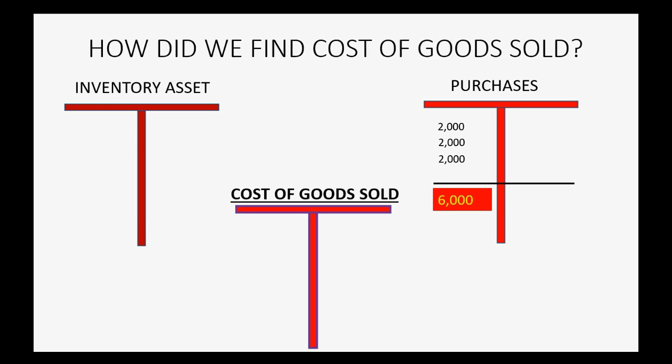Now, how did we find the cost of goods sold? Well, originally, we started with the beginning inventory, the inventory that we had at the beginning of the month. However, what did we do in the very first month?